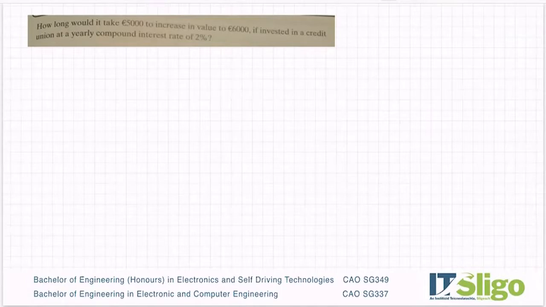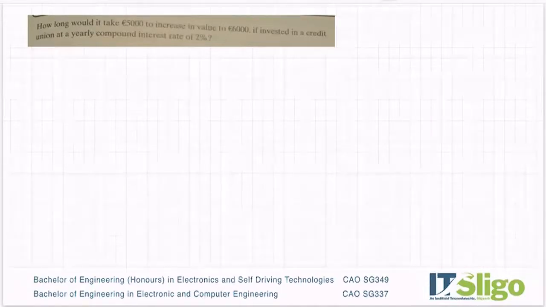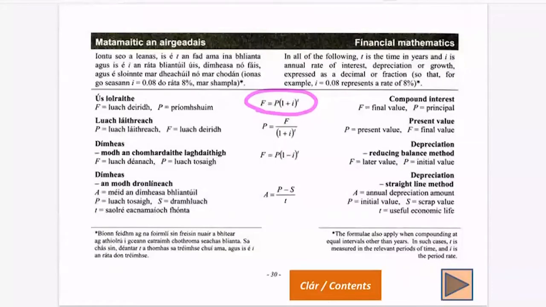Now, it depends on the order you do chapters in as part of the Leaving Cert, but you would have more practice of financial maths at some stage, so you'll have remembered the compound interest formula that you would have touched on in Junior Cert.